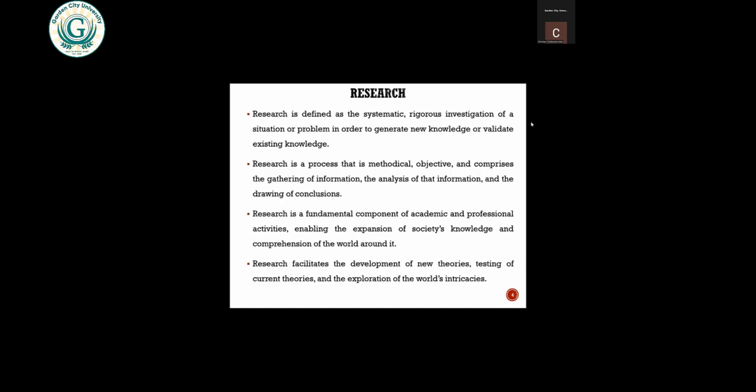But if you don't conduct research, you can't show for sure that those protocols are flawed, and you can't come out with a better protocol. So research is very important to you in your profession and in your education.